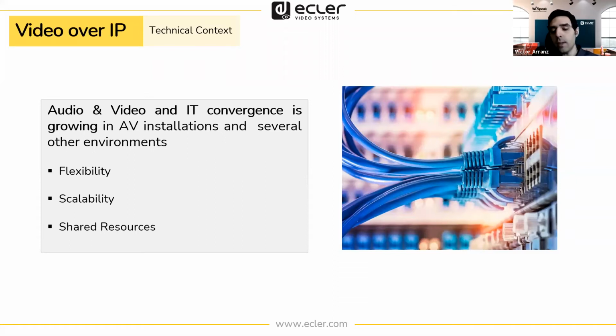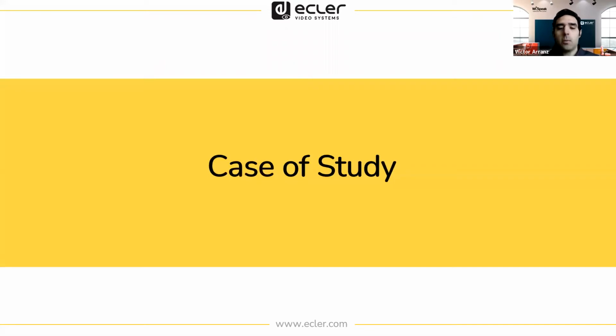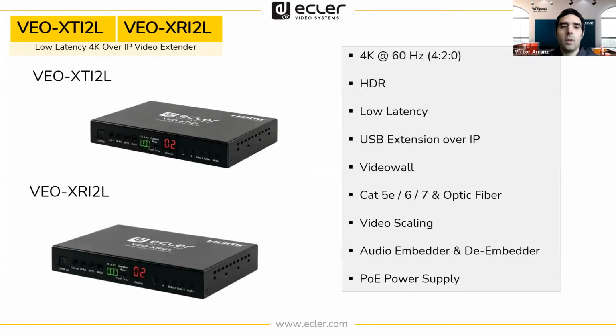Okay. So, as I was saying, today we're going to be working on a very simple practical example of an AV installation. We're going to be using the VEO-XTI2L and XRI2L pair of extenders. Here you have a brief summary of their functionalities. As you already know, they are 4K capable.